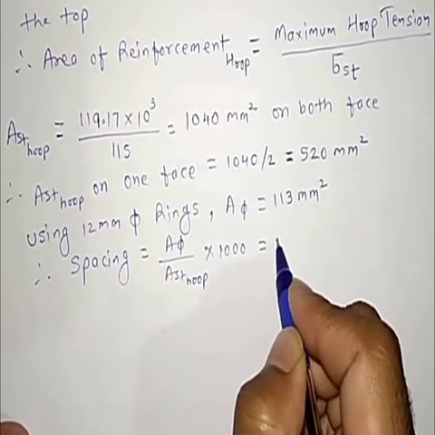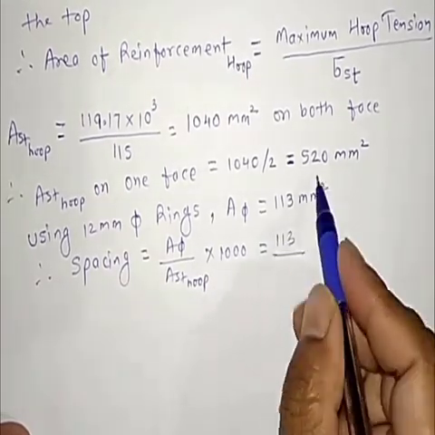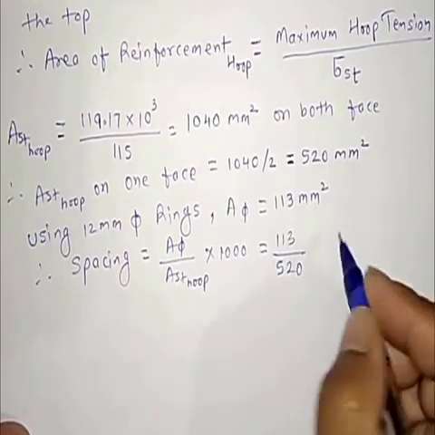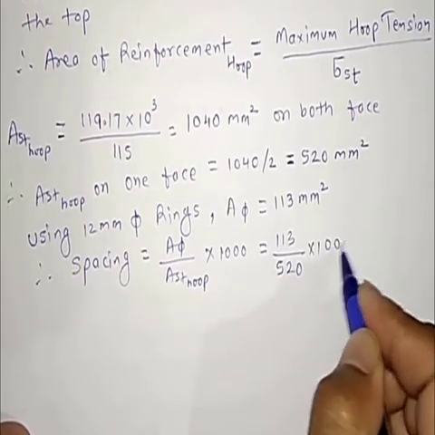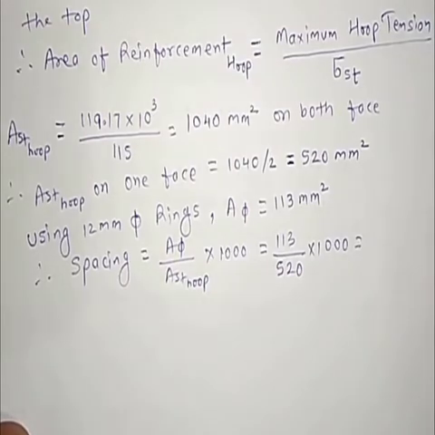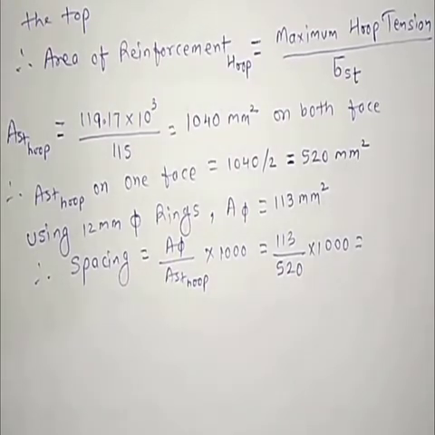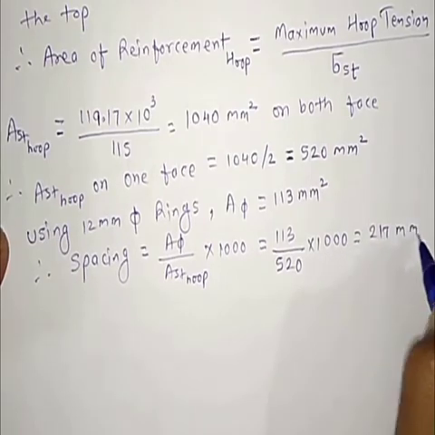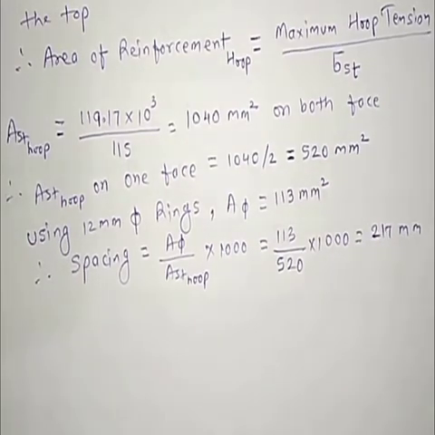So area of 1 bar, that is 113, total area of 520, multiplied by 1000. So you will get the spacing of around 217 mm. You can round it down to 200 mm.